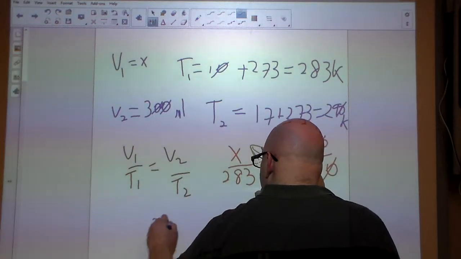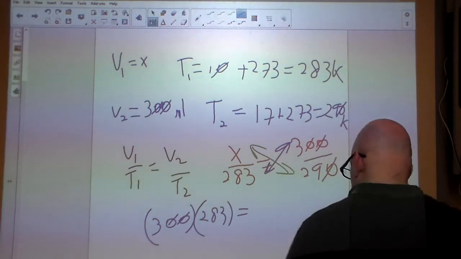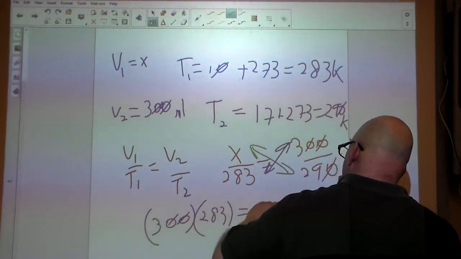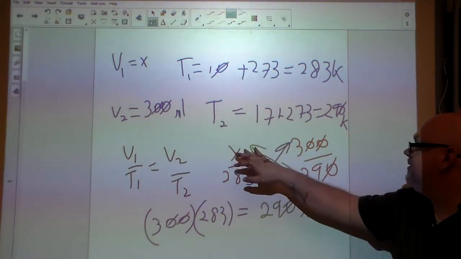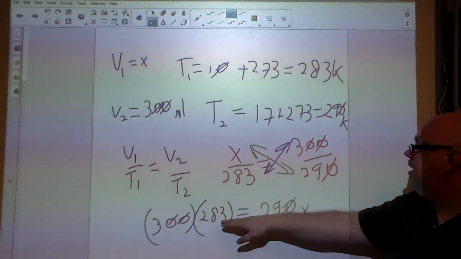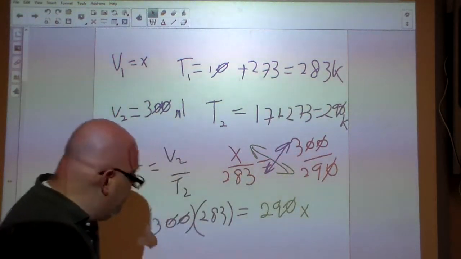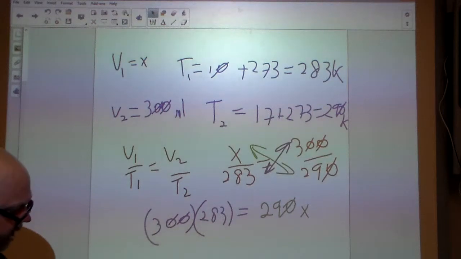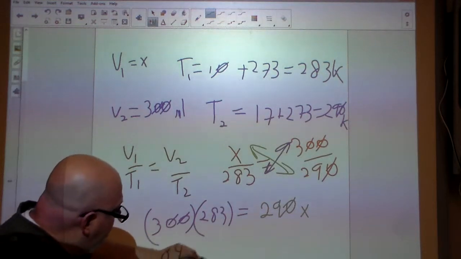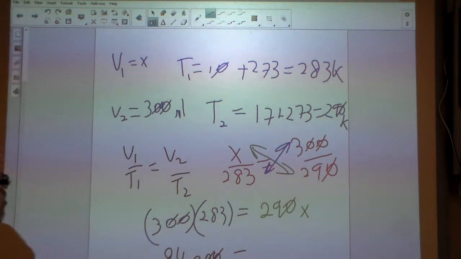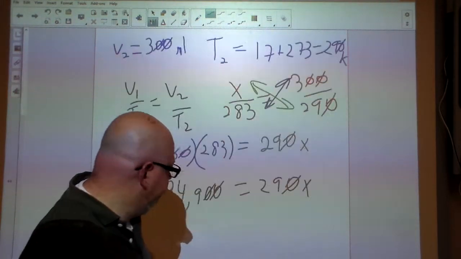I'm going to say 300 times 283 is equal to 290 times X. Now notice I wrote 290 times X in green, and 300 times 283 in blue. Okay, let's go ahead and figure this out. So 300 times 283 equals 84,900 is equal to 290x.